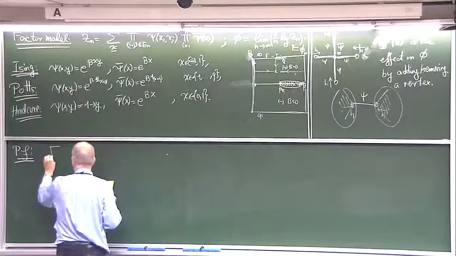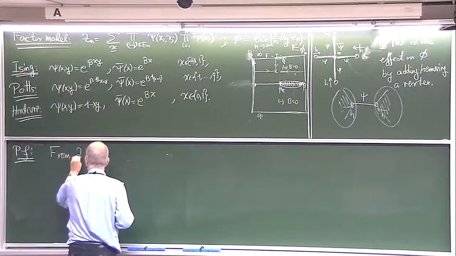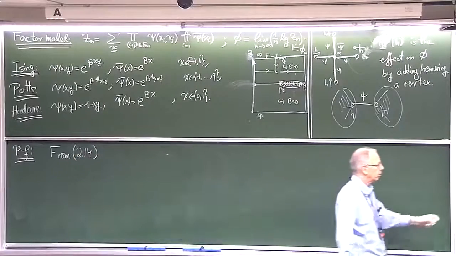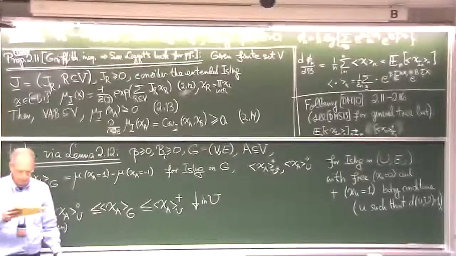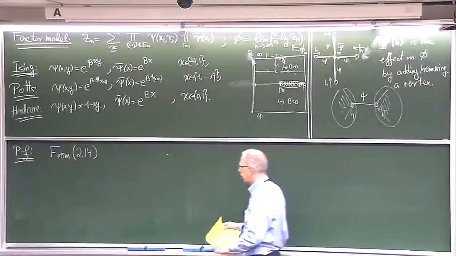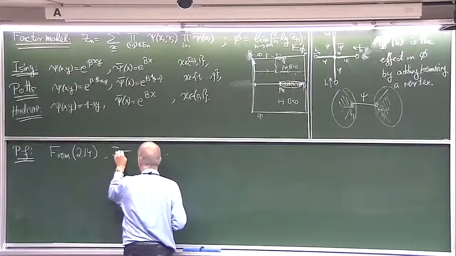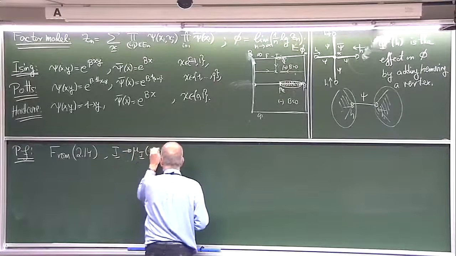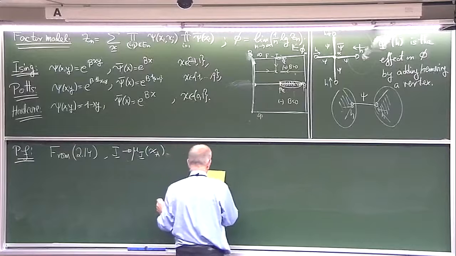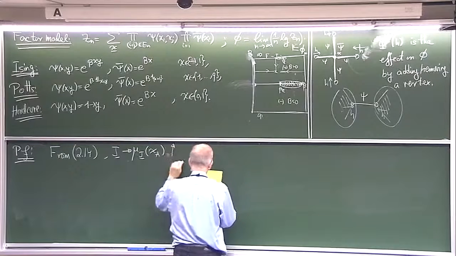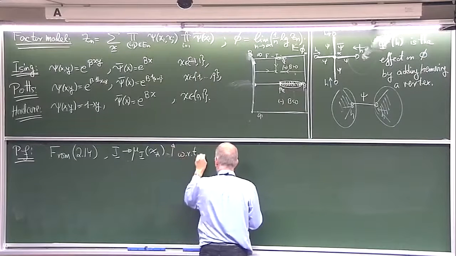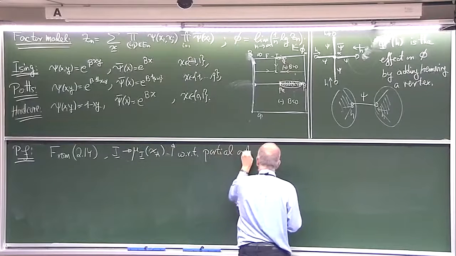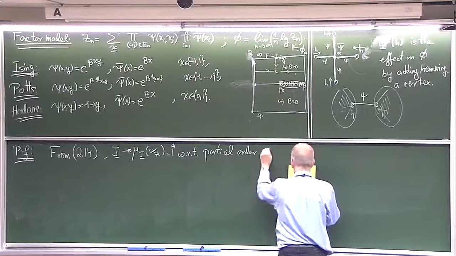Okay, so first of all, by the second condition, you get that the mapping from J to mu J, U, XA is going up with respect to the partial order.